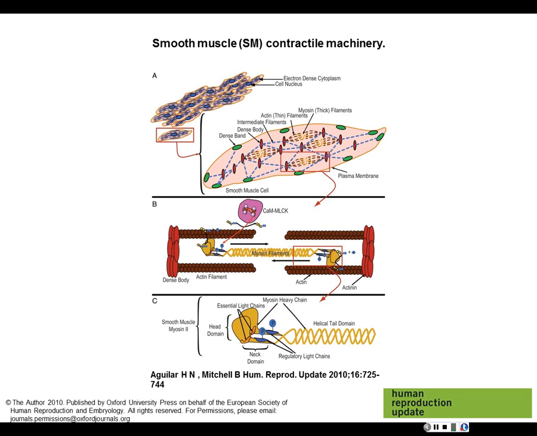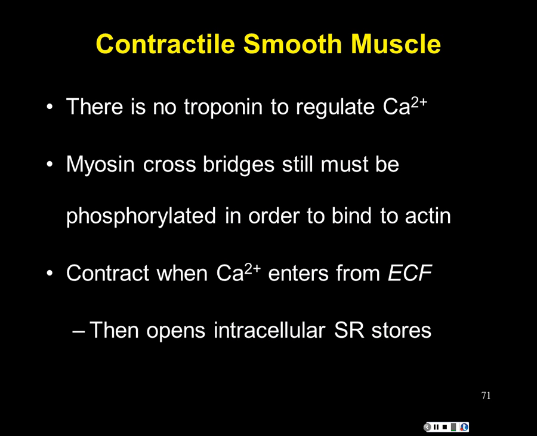It doesn't bind to the thin filament at all in smooth muscle. It binds to a molecule called calmodulin. And as we identified, because there is no troponin, calcium is still important, but it binds somewhere else. We still have to phosphorylate our cross bridges.